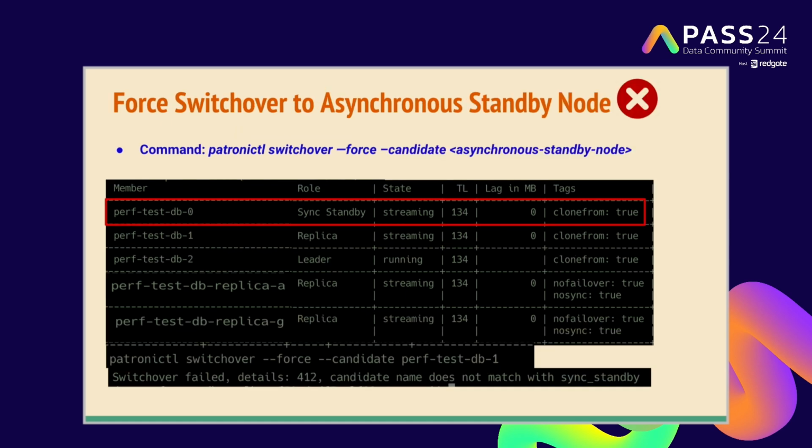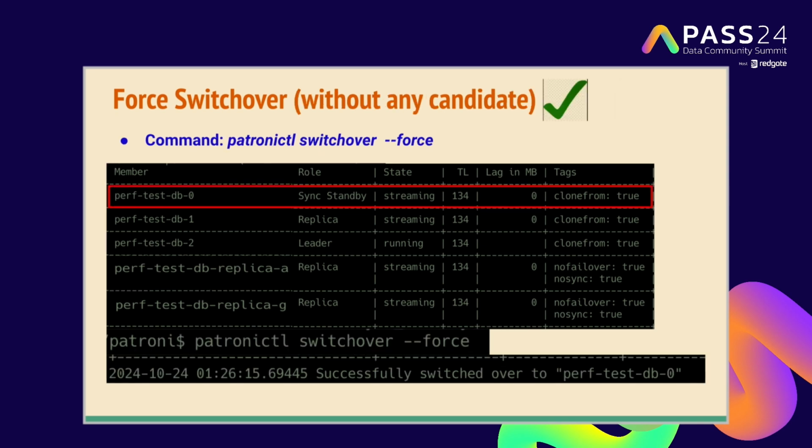Unlike failover, even with force, you won't be able to switch over to an async standby. So I ran patronictl switchover with force and the asynchronous standby node as candidate. Even in this case, it said candidate name does not match with the sync standby. But if you run just patronictl switchover or patronictl switchover with force, it will automatically choose the current sync standby and perform the switchover.